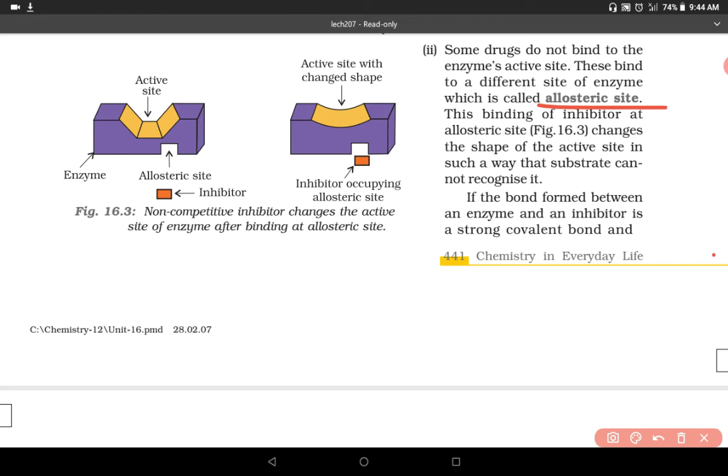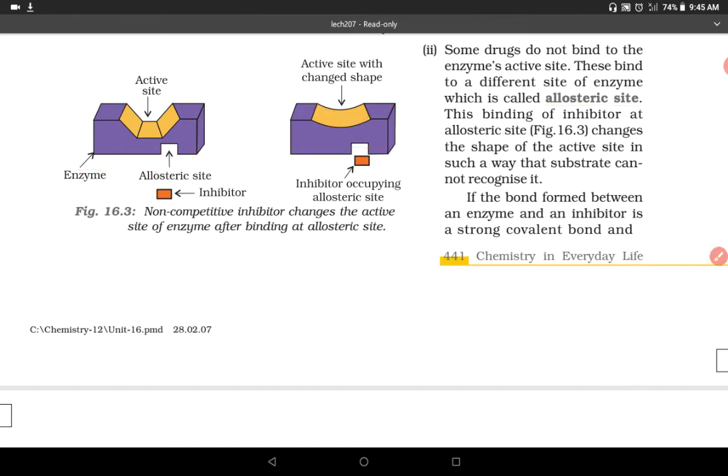We said that the enzyme should hold the substrate with a high grip, so it does not escape when the reaction is taking place. But here, the inhibitor attacks the allosteric site, and it changes the shape of the active site. In this active site, it cannot fit the substrate perfectly.